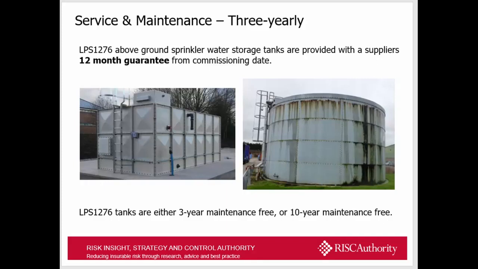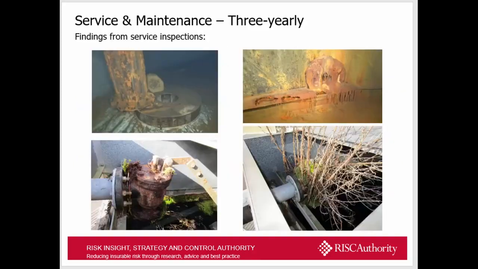The tank suppliers provide a 12-month guarantee from commissioning date, and the LPS 1276 standard that they are manufactured, installed and commissioned to basically means that they do not or should not need to be fully drained for a period of time, either 3-year or 10-year, to perform maintenance activities. As said earlier, tank security is an issue, but we'll come on to that on the next slide.